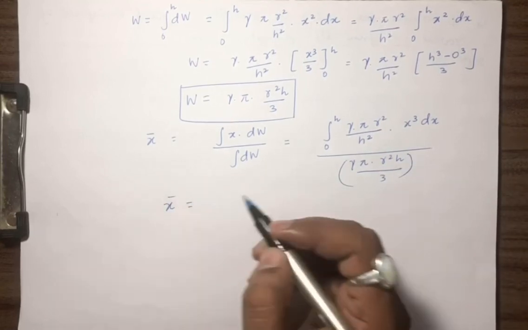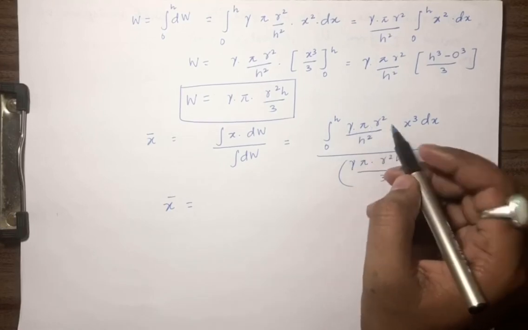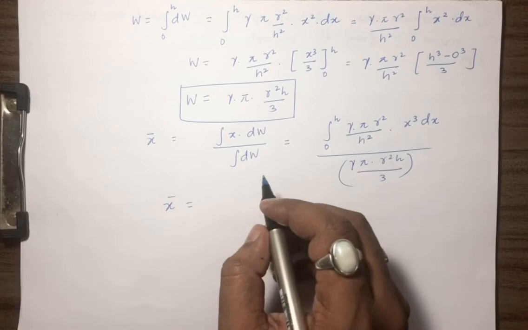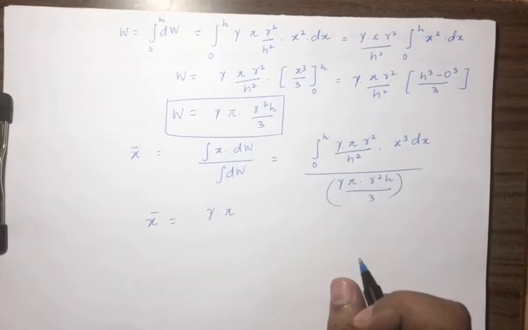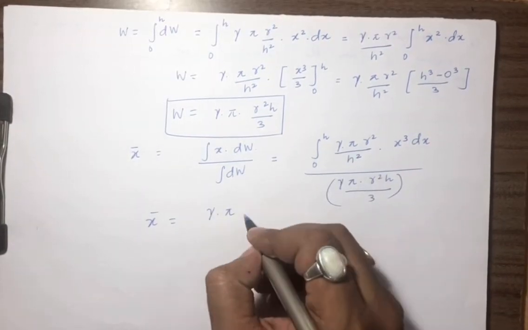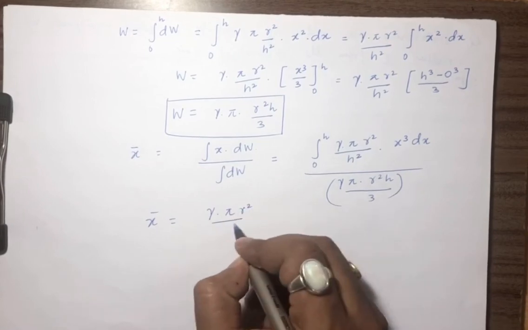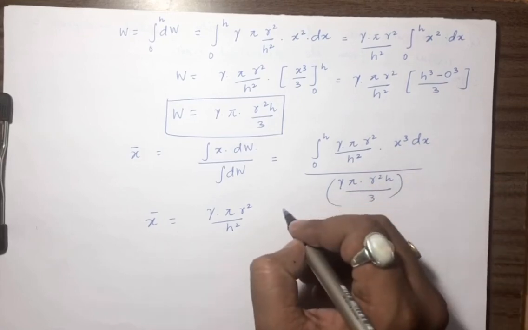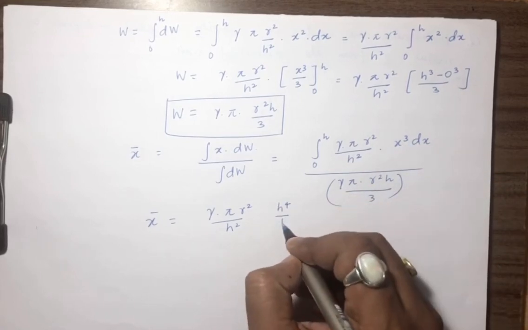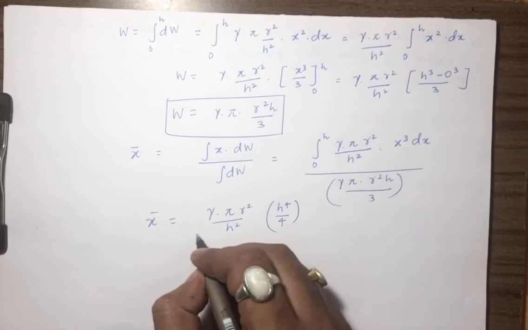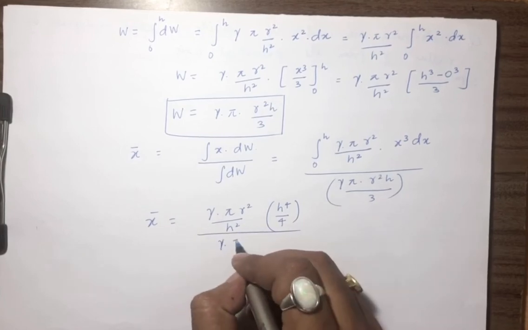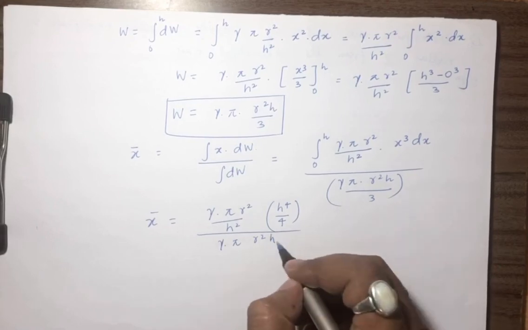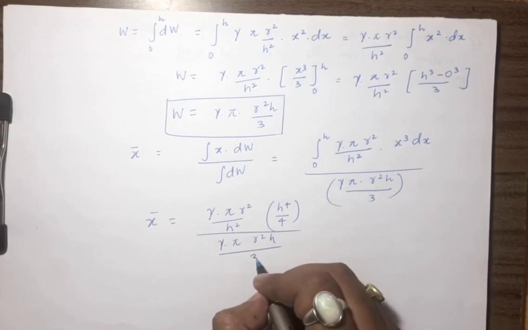So x bar will be, see this gamma pi r square, let us just solve it. So this x bar is gamma pi r square upon h square, this integral x cube will be h raised to power 4 by 4, divided by gamma pi r square h upon 3.